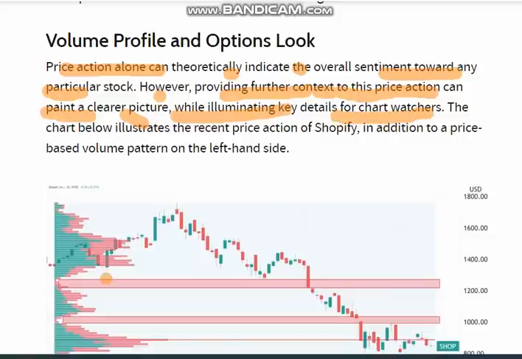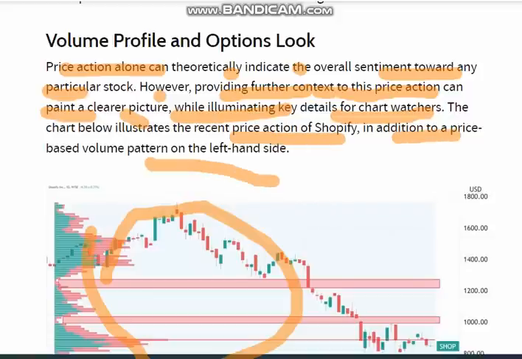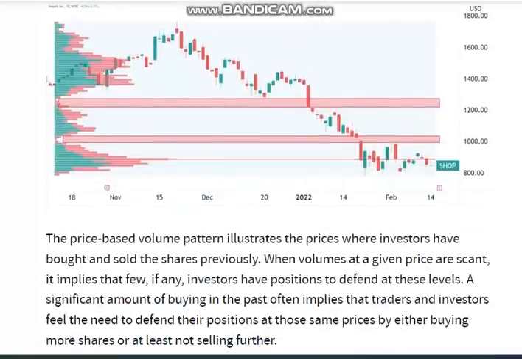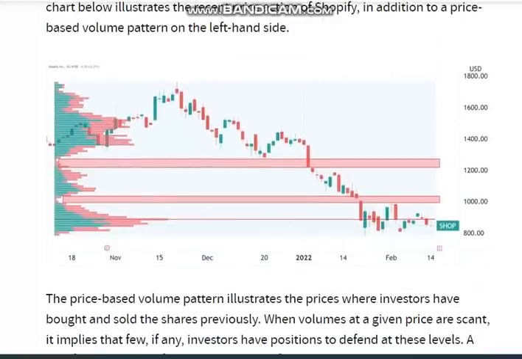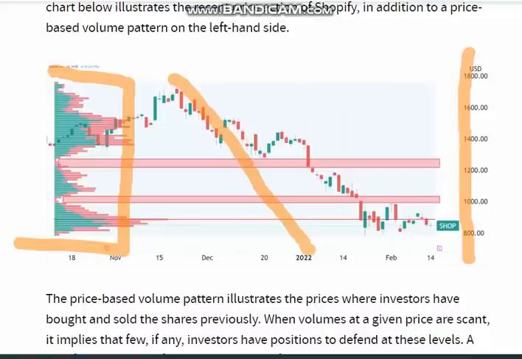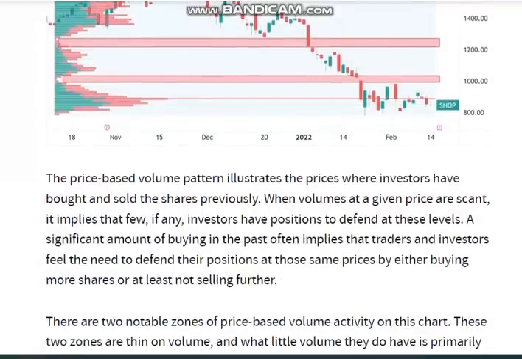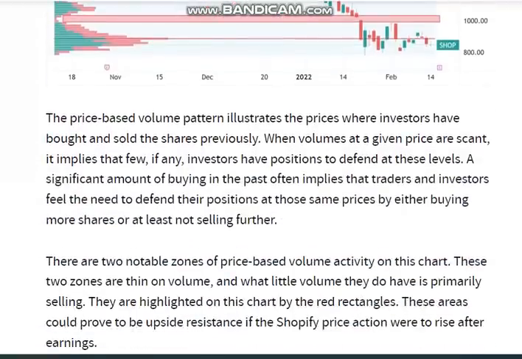The chart below, I'm showing here, illustrates the recent price action of Shopify in addition to a price-based volume pattern on the left-hand side. Here you can see, I'll underline this. Here you can see the underlined lines graph. Here are the candles and here are the numbers, and how Shopify is floating under $1,000 or $800 on the chart below.